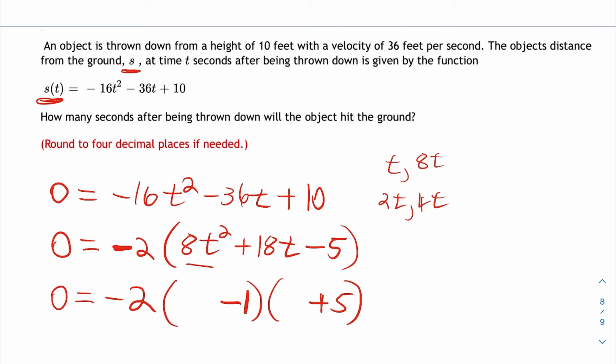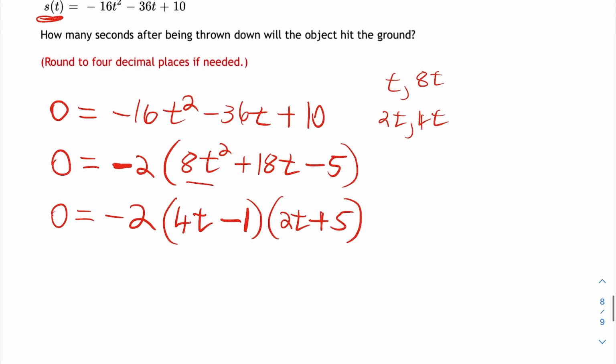If I put the 4t here, and I put the 2t here, then the product of the outside terms will be 20t, and the product of the inside terms will be negative 2t. When you combine those, you get 18t, which is exactly what we wanted it to be. We were looking for 18t. So this is the factorization. I have the correct factorization here.